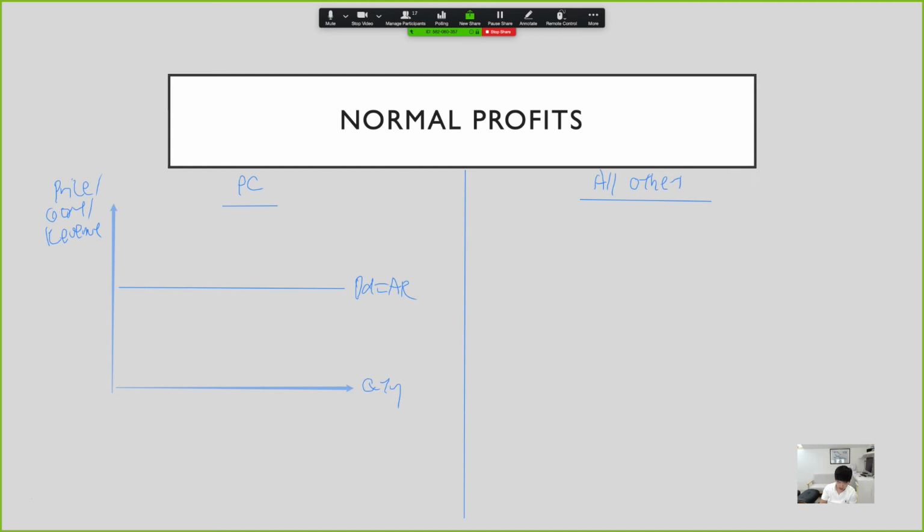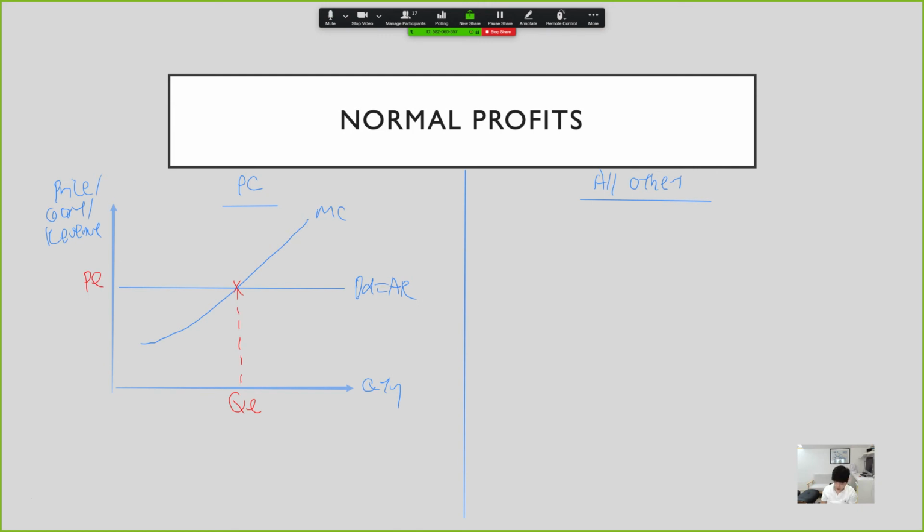Your PC curve also has a standard marginal cost curve. So where is the profit maximization output? We shall highlight it here in red. This will give us our profit maximization output QE, profit maximization price PE.